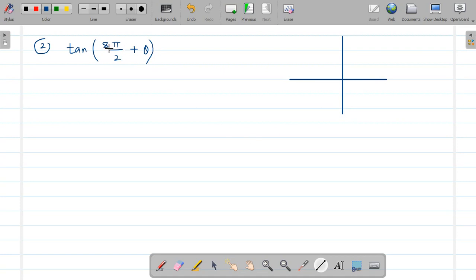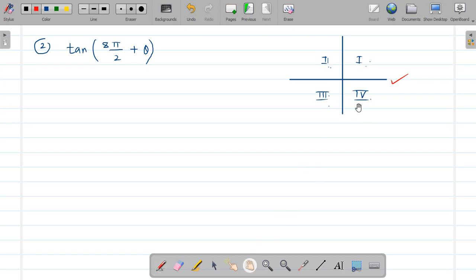The angle is 8 times pi by 2 plus theta. See here, this is first quadrant, second quadrant, third quadrant, and fourth quadrant. Now 8 times pi by 2: 1 into pi by 2, 2 into pi by 2, 3, 4, 5, 6, 7, and 8 times pi by 2. So 8 times pi by 2 will be completed here.